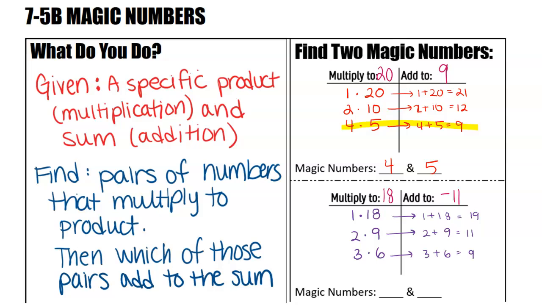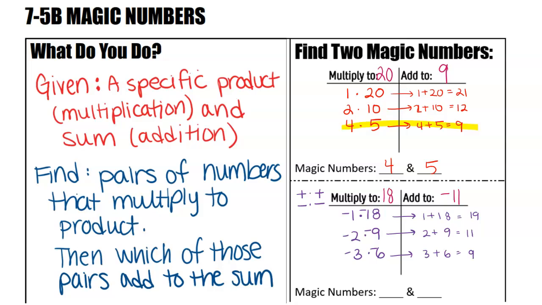How can we end up adding to give us a negative number, but we're multiplying to give us a positive number? Well, this is where we're going to have to start recalling some of our positive and negative rules. When I multiply two positives together, I get a positive, but I could also multiply two negative numbers together. That is going to be the situation I'm going to need to have here, where I'm going to make all of my pairs negative.